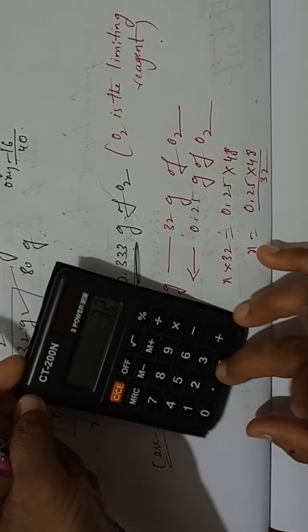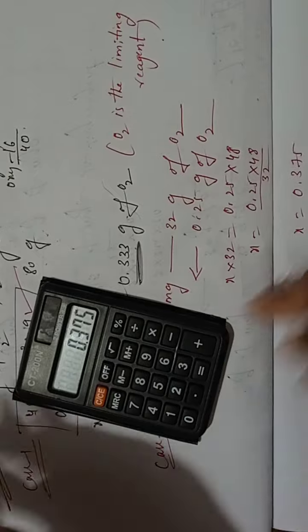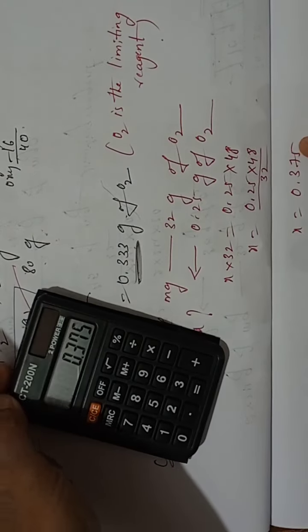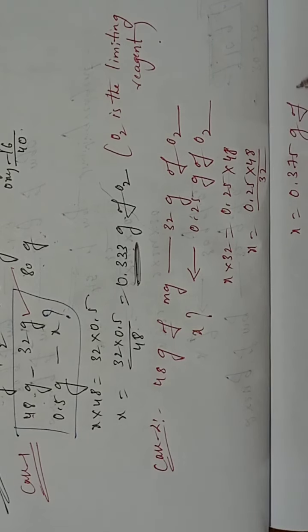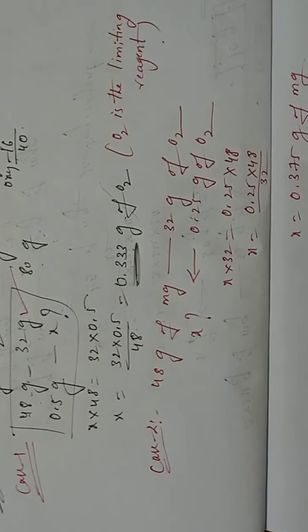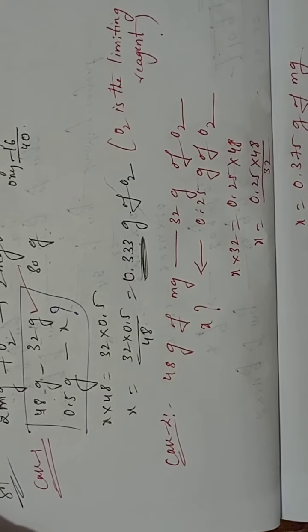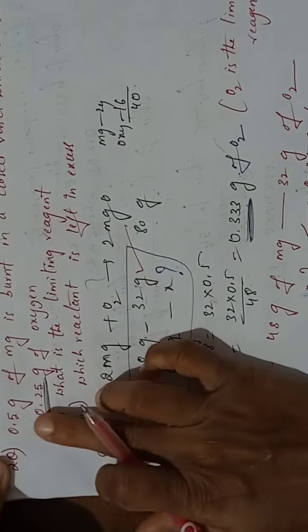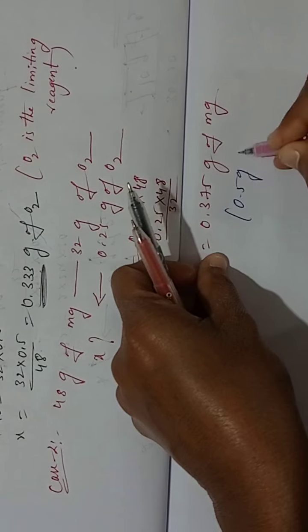How much? 0.375. Now see, students, this is 0.375 grams of magnesium. Now you have to check this value with the given value. How much is given? 0.5 grams of magnesium is given.